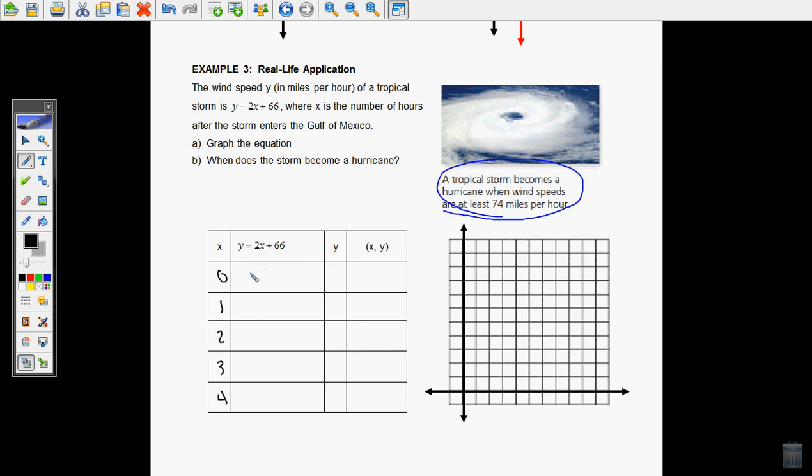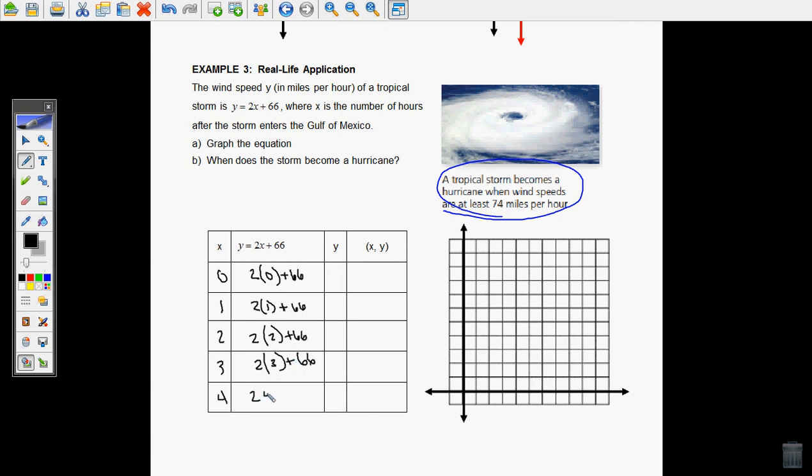Now when I plug that in, my y is going to equal 2 times 0 plus 66. Over here is 2 times 1 plus 66. It's going to be 2 times 2 plus 66. 2 times 3 plus 66.